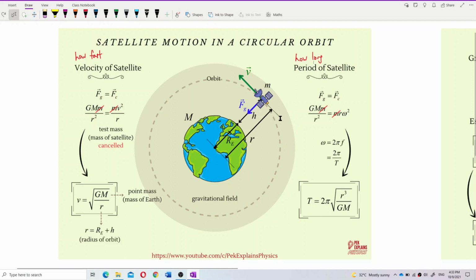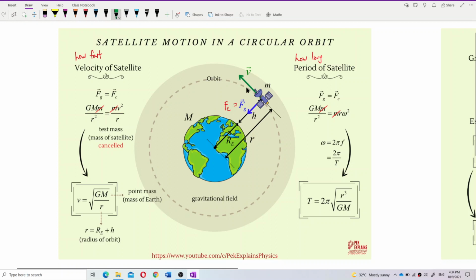So what is the force that provides the necessary centripetal force for the satellite to move in the orbit? It is the gravitational force, or we can say the attractive force from the Earth. This gravitational force continuously changes the direction of the velocity so that the satellite moves in a circle.